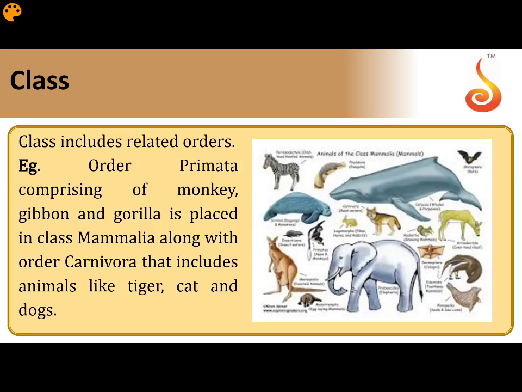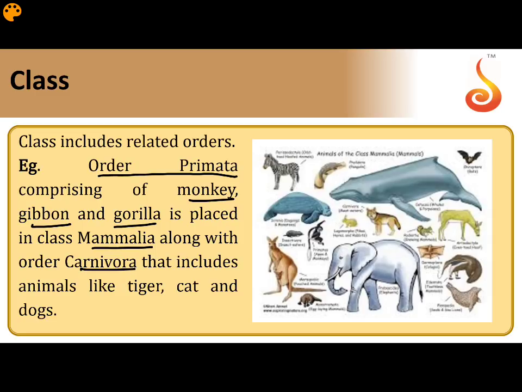A group of related orders forms a class, but common features are even fewer. One example I would like to highlight is Primata. Monkey, gibbon, gorilla are in the class Mammalia in general. So, the order of monkey, gibbon, gorilla comes in Mammalia, whereas the order Carnivora also comes under Mammalia, meaning mammals.